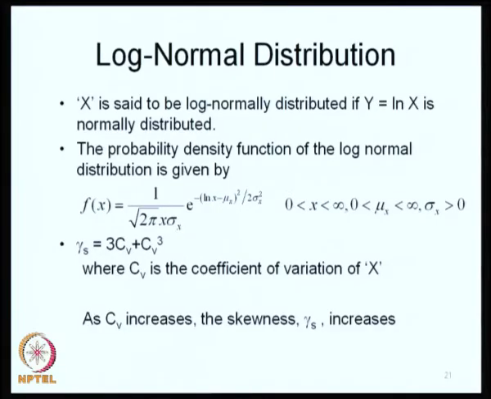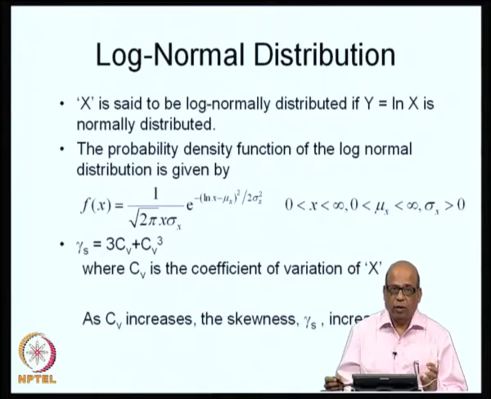Now, we will see why normal distribution cannot be very generally applied in most of the hydrologic situations. Although normal distribution is extremely elegant and extremely useful in many applications, you can recall that normal distribution is defined from minus infinity to plus infinity.